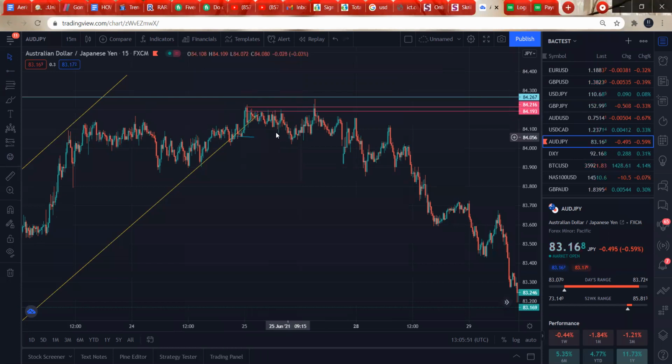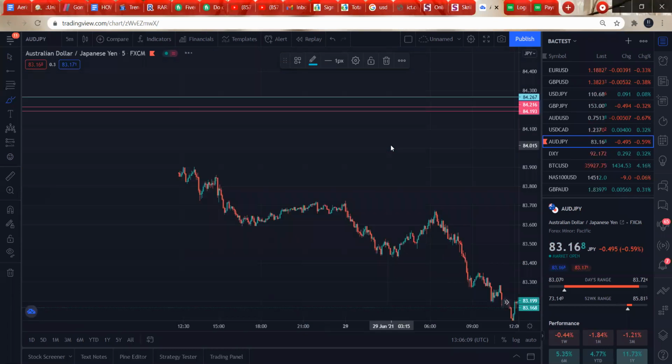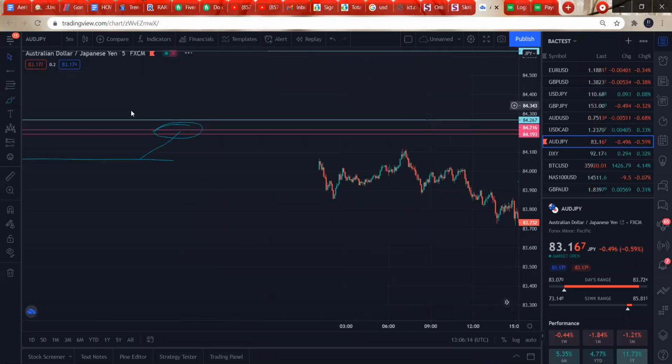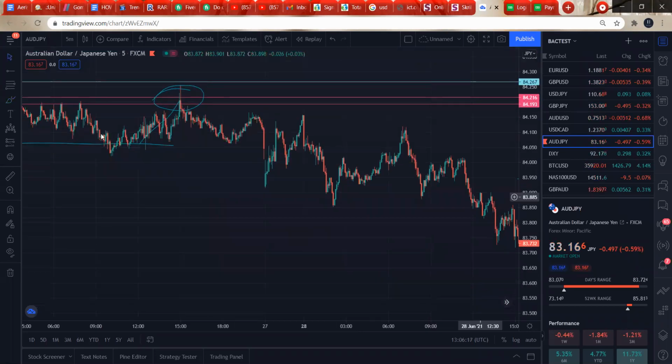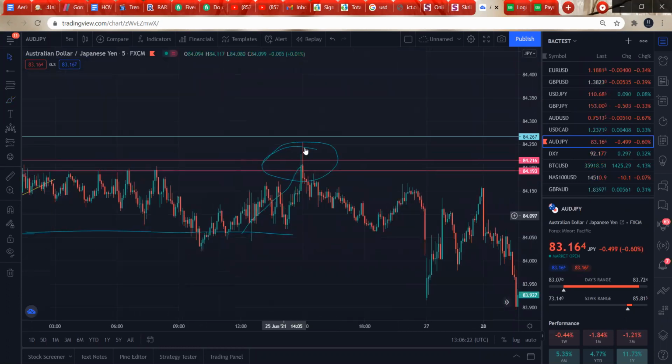You see, the market broke these lows. Then after that, it came back to this order block. So if you go to the 5 minutes or 1 minute chart, on these two spikes, this is a 5 minute chart.